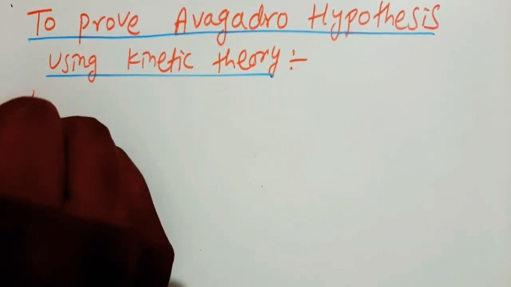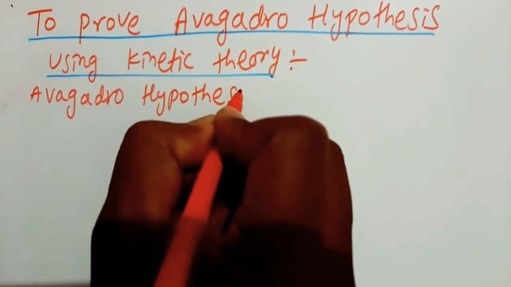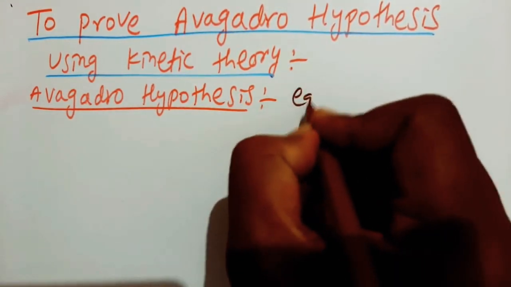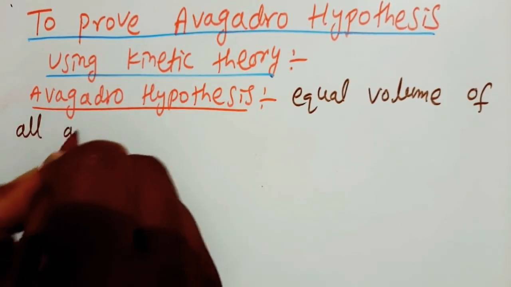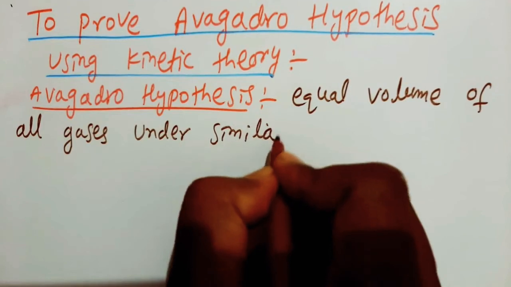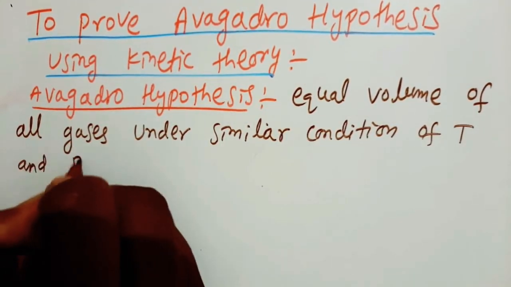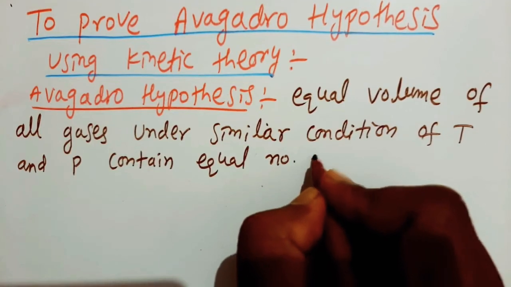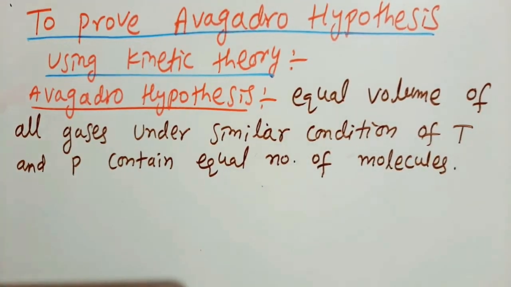Here the Avogadro hypothesis is: equal volumes of all gases under similar conditions of temperature and pressure contain an equal number of molecules. Proof.